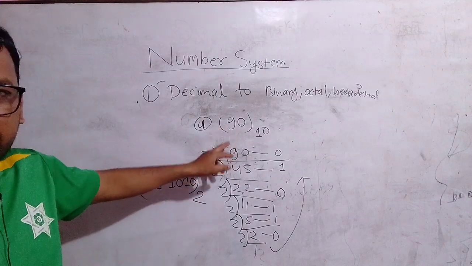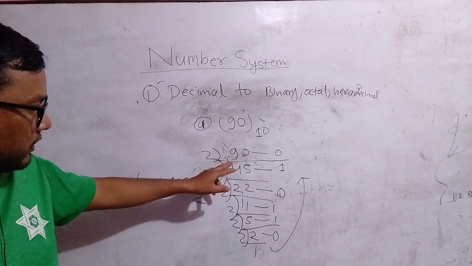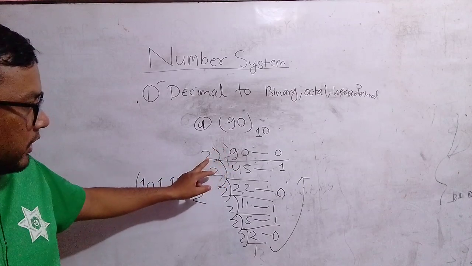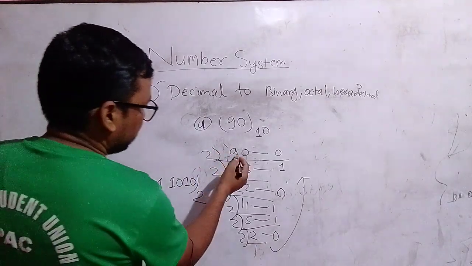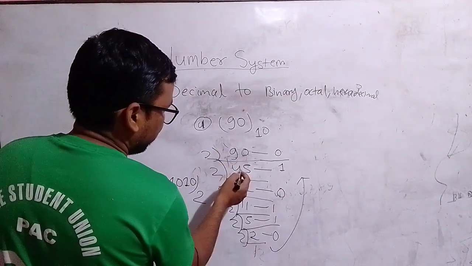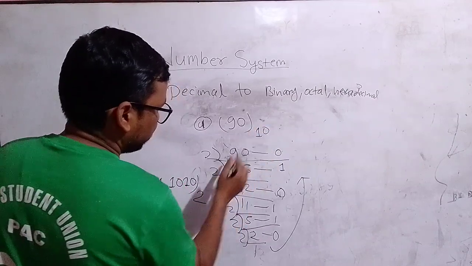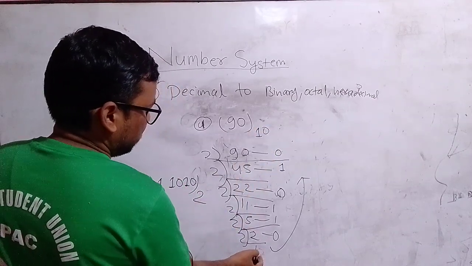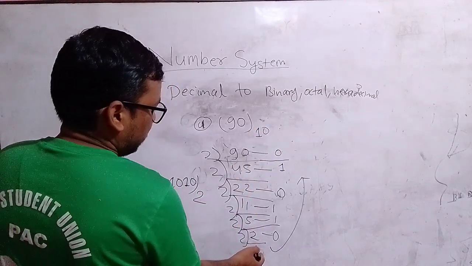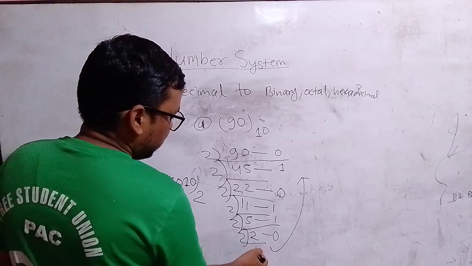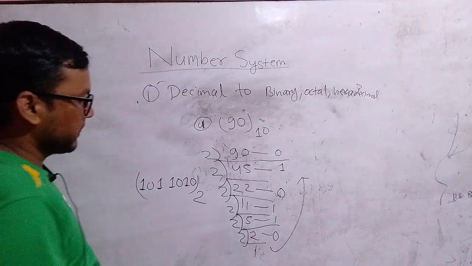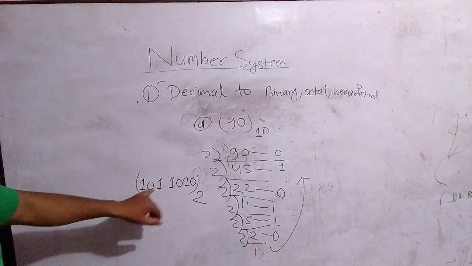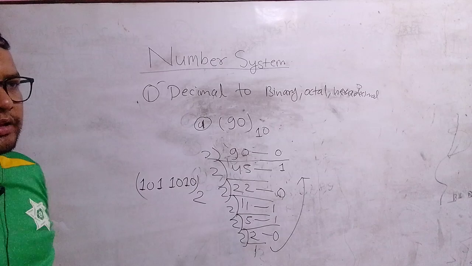We divide the number by 2, for example 90 divided by 2, we obtain 45, its remainder is 0, and so on, until we don't get a number less than 2. Now this is the binary equivalent of 90.